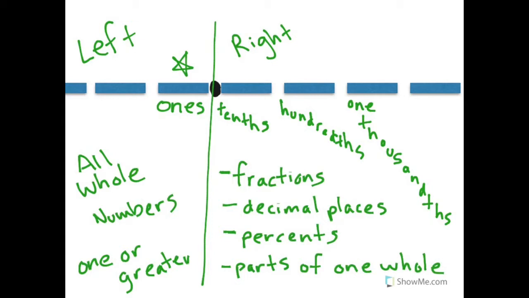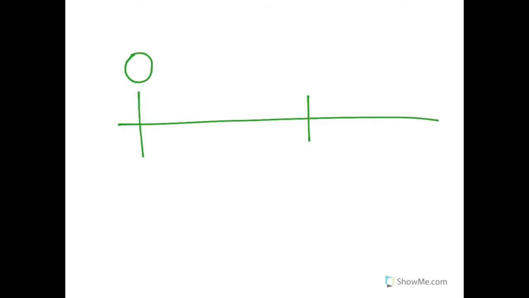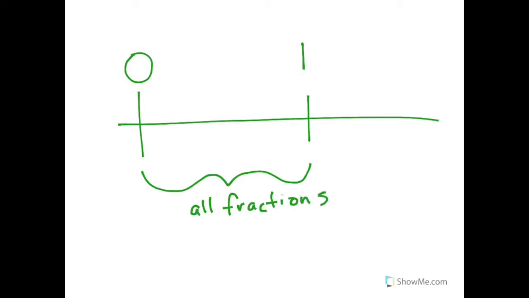Good. So, if I drew a number line, and 0 started there, and 1 started here, what would I be able to find between 0 and 1? All fractions. Absolutely. Every single fraction can be found between 0 and 1. It's the same thing we just wrote down. All fractions live here. Good. What else lives there, between 0 and 1? Decimal place values. You bet. Decimal place values, good.